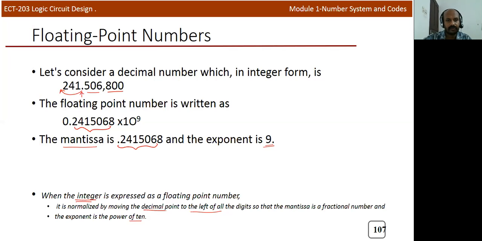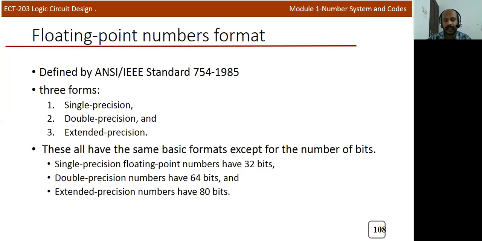Now we need to discuss the binary number system. The standard used for representing floating point numbers in a computer, microprocessor, or digital system is known as IEEE standard 754-1985. In this format, they defined three different forms: single precision, double precision, and extended precision.